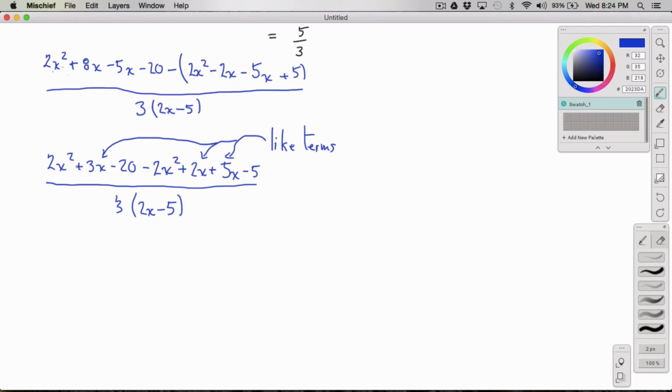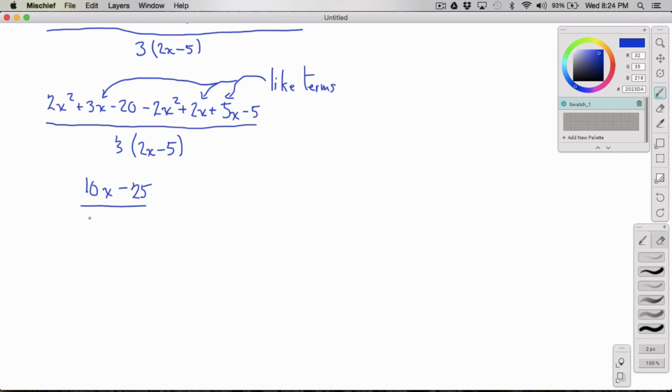We add those together to get 0, so that cancels. With the x terms, I have a 3x plus 2x, that's 5x, plus 5x more, it's 10x. Then I have a minus 20 minus 5, that's going to be a minus 25.